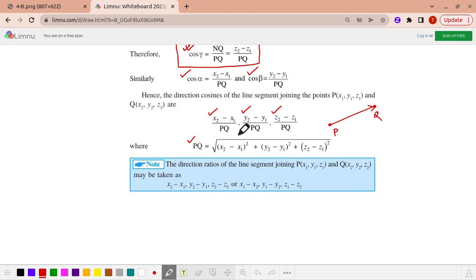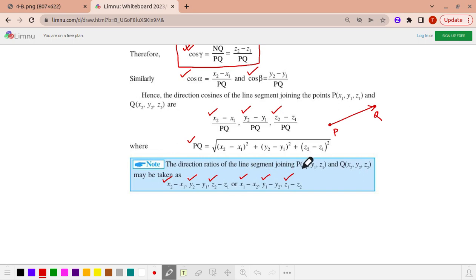So what we can say? We can say the direction ratios are x2 minus x1, y2 minus y1, z2 minus z1, or we can change the sign, that is x1 minus x2, y1 minus y2, z1 minus z2, correct?